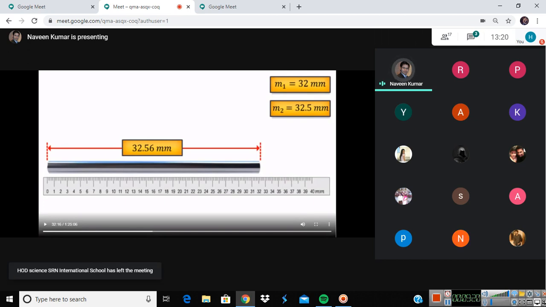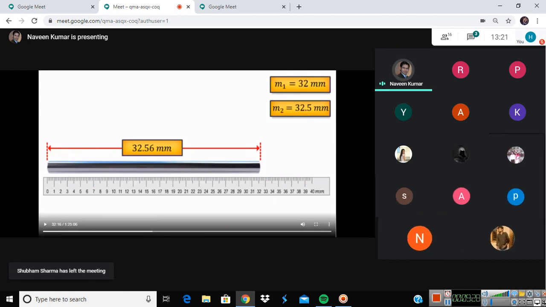Now, in terms of accuracy, is 32 mm more accurate or is 32.5 mm more accurate? 32.5 is more accurate because this is closer to the true value.